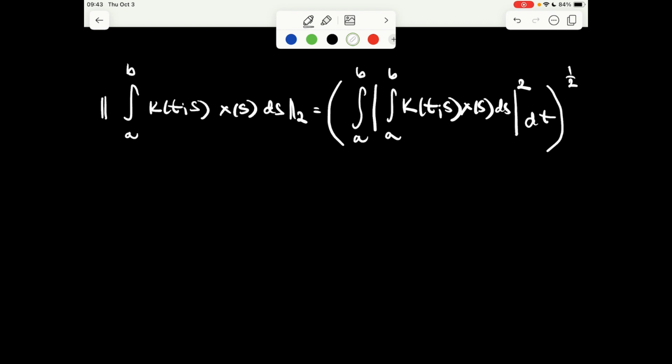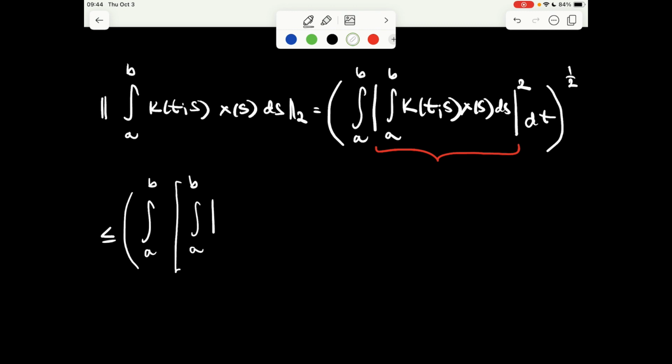Okay, so we take the absolute value here. Please note that the absolute value of an integral cannot be higher than the integral of the absolute value of the integrand.